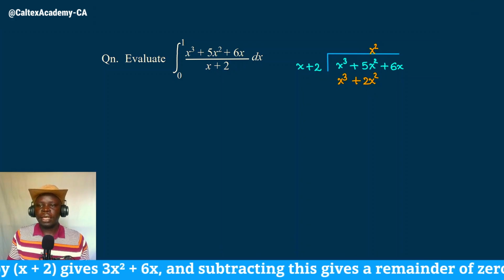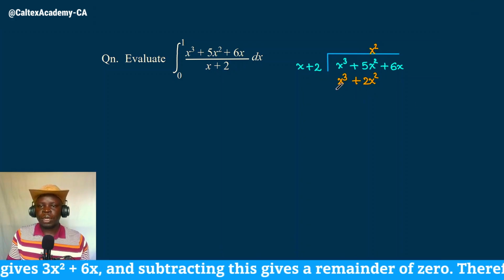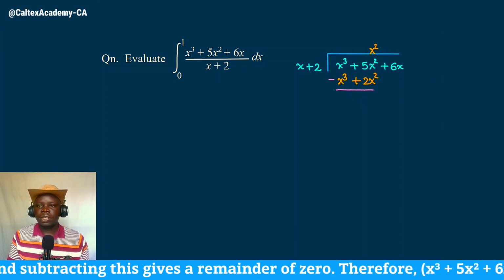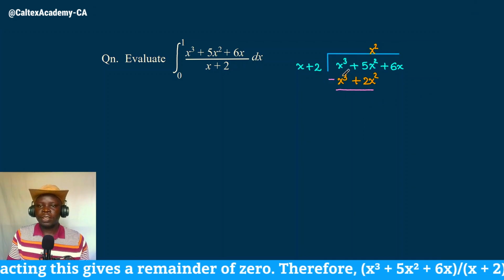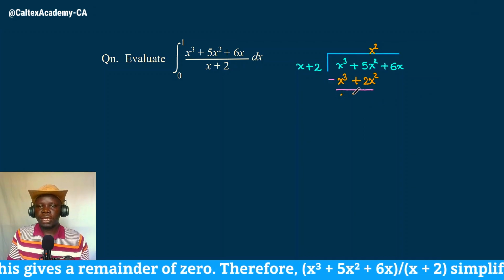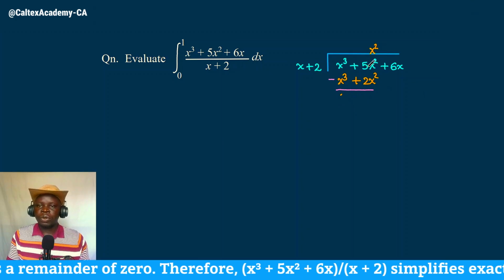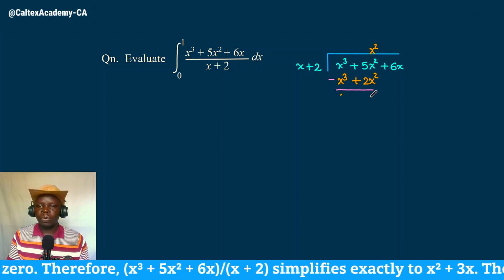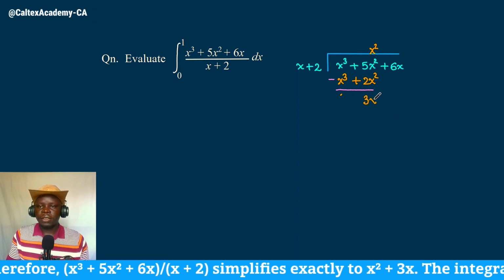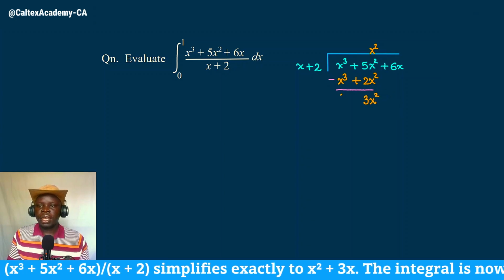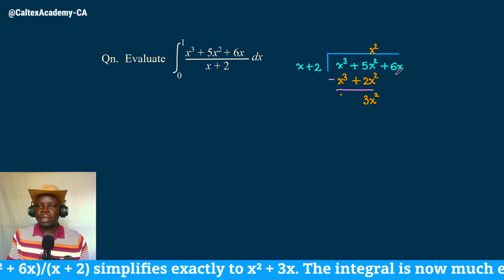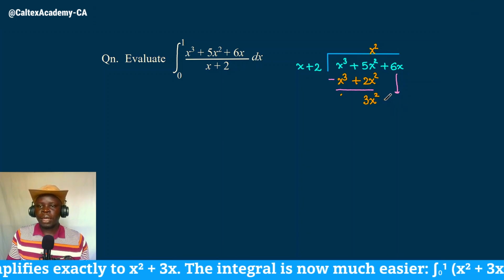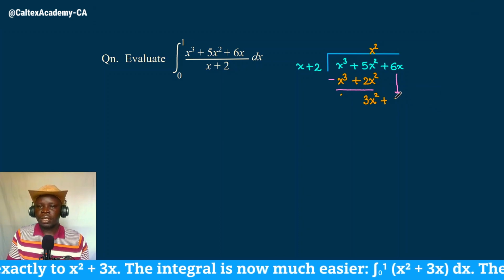The next thing is we need to subtract this away from the first two terms. While subtracting, the first term goes to nothing and we normally leave it blank. Here we have 5x squared minus 2x squared, which is 3x squared. Now we bring down the 6x, such that we have plus 6x.